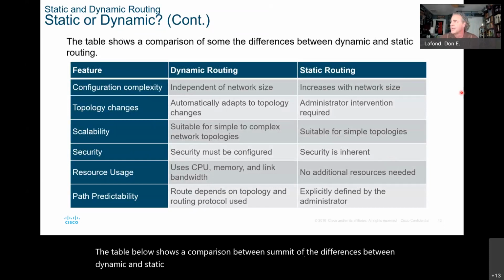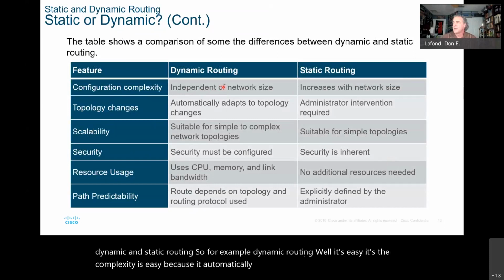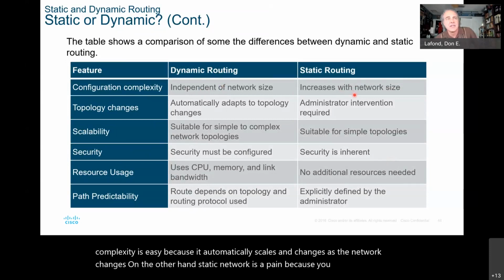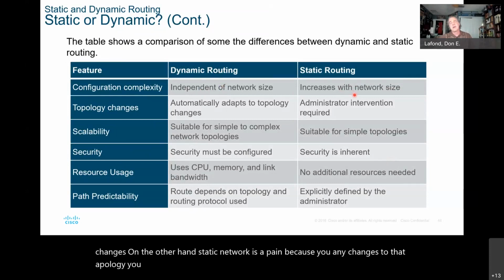So, for example, with dynamic routing, the complexity is easy because it automatically scales and changes as the network changes. On the other hand, static routing is a pain because for any changes to the topology, you have to go in and manually make those changes. Also, if you add routers, you have to add those manually.